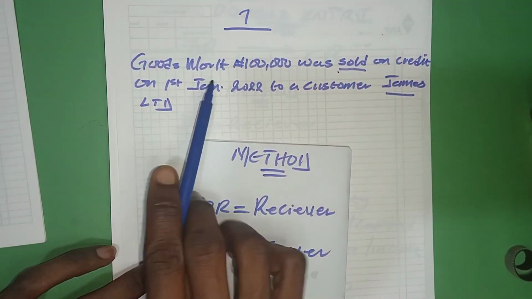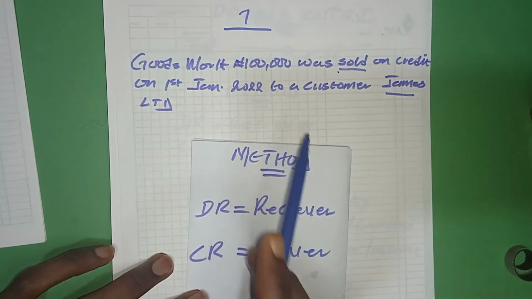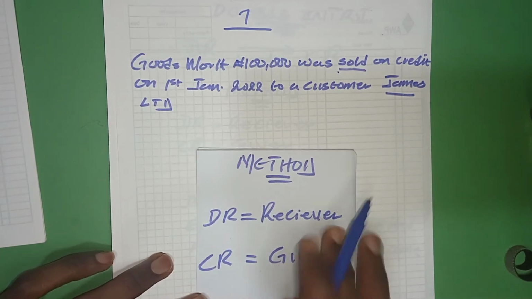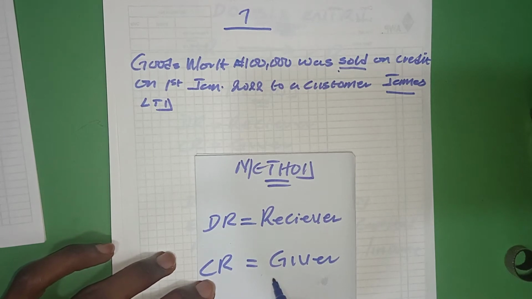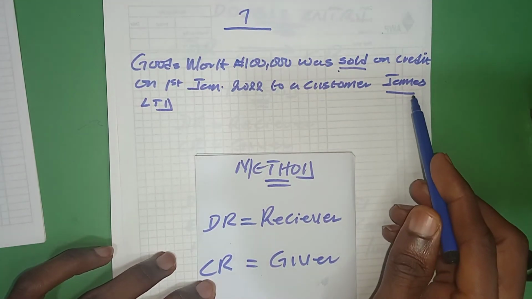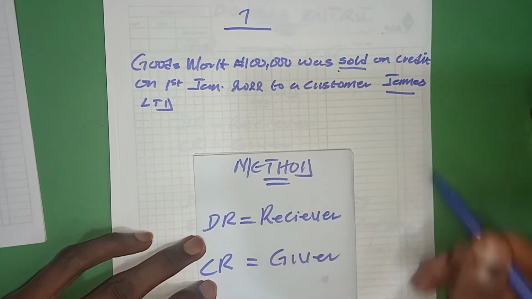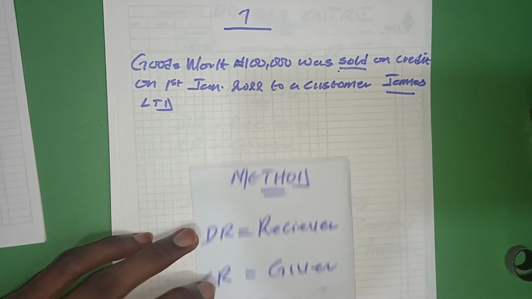Now, see, goods worth 100,000 was sold on credit on 1st January. I am the one selling, so put yourself as the owner of the business. To the customer, James Limited. I am giving, and James is receiving. So in this case, we've identified the two accounts, sales account and James account.